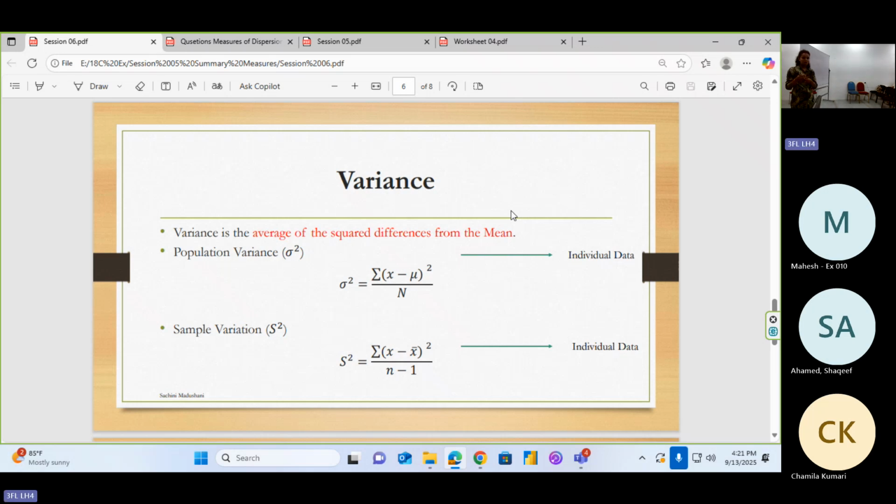Range and the semi-interquartile range both use only two values, the maximum and the minimum point. When we move into variance, we use all the observation values to identify the variation of the data set. It's clear. Here we consider all the values. Then we take an example and discuss it. Assume there is a data set.